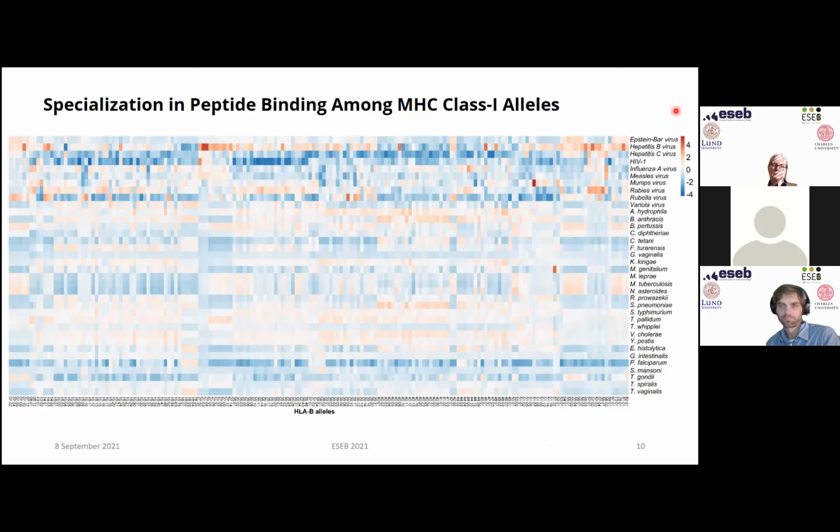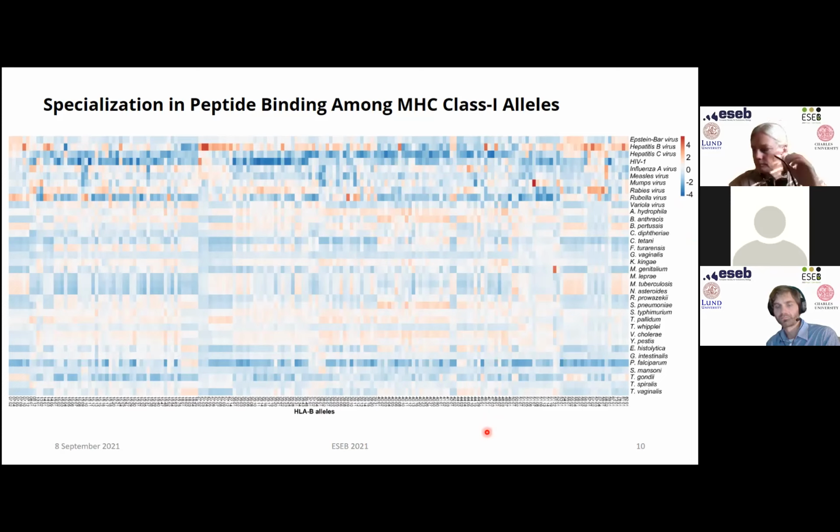The red color indicates that the specific allele binds a high number of peptides from the corresponding pathogen, while the blue color means the allele binds a small number of peptides from the corresponding pathogen.